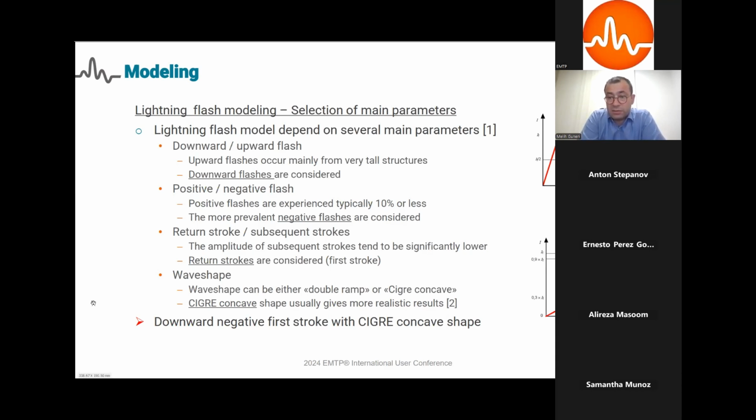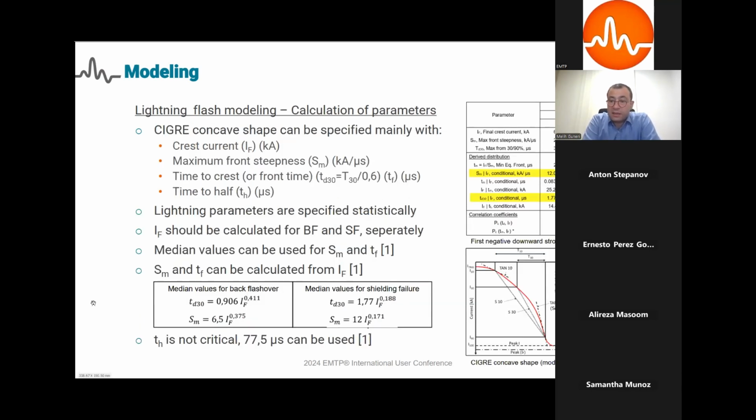So we have selected this one. As a summary, we have selected a lightning flash wave shape of CIGRE concave shape with downward negative first stroke modeling.